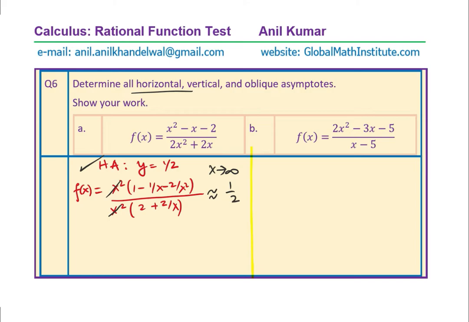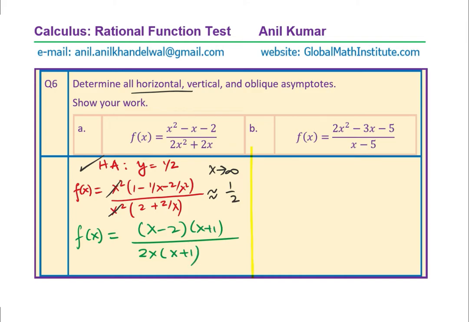You get the idea. Now, to get the hole or a vertical asymptote, we need to factor. So we are going to rewrite the expression after factoring. We get x minus 2 times x plus 1 in the numerator, the denominator being 2x times x plus 1.